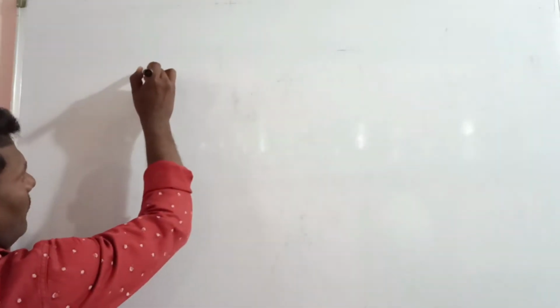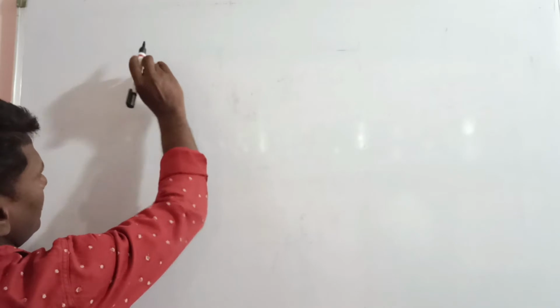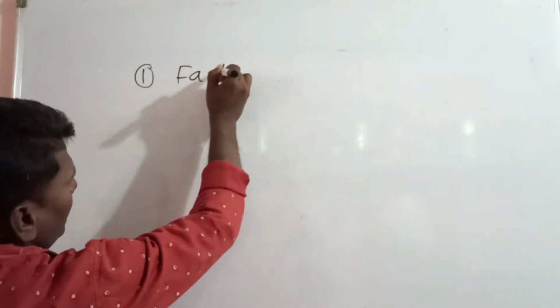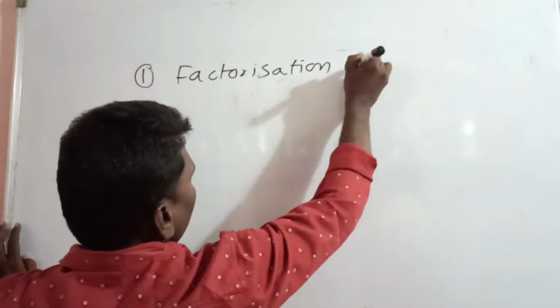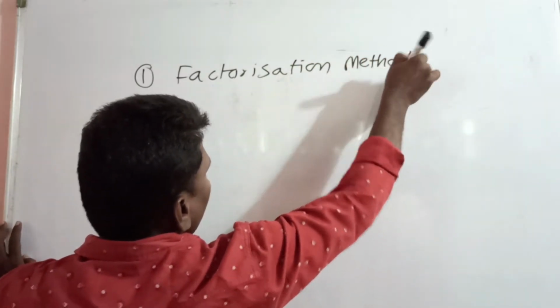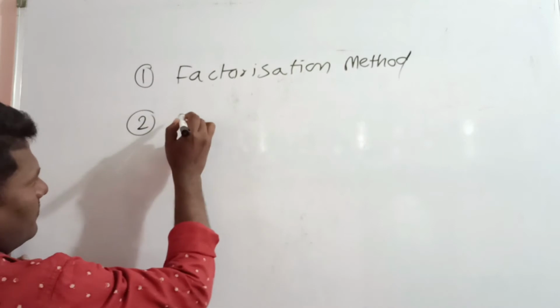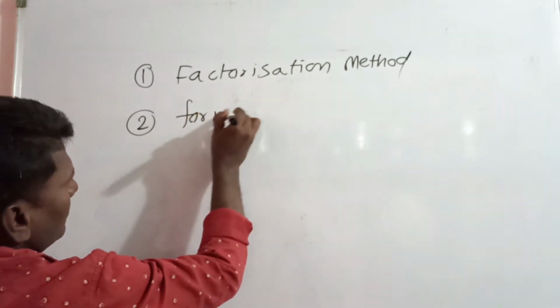We can solve these quadratic equations in 4 ways. First one is the factorization method. Second one is the formula method.